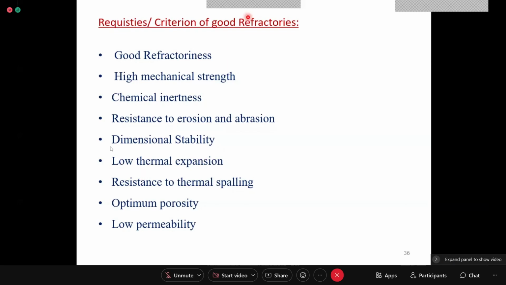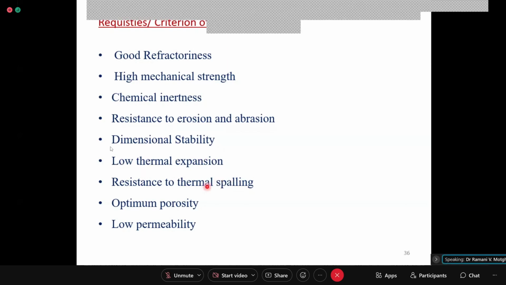A good refractory should have low thermal expansion, and should show resistance to thermal spalling. It should have optimum porosity. Neither high nor low is advised; it depends on the place or job to be performed. Optimum porosity should be there, and low permeability.